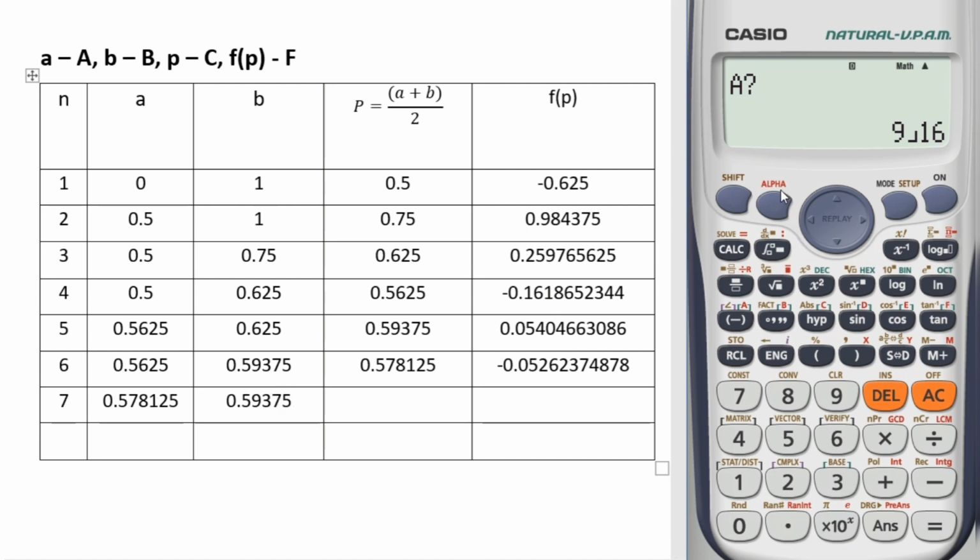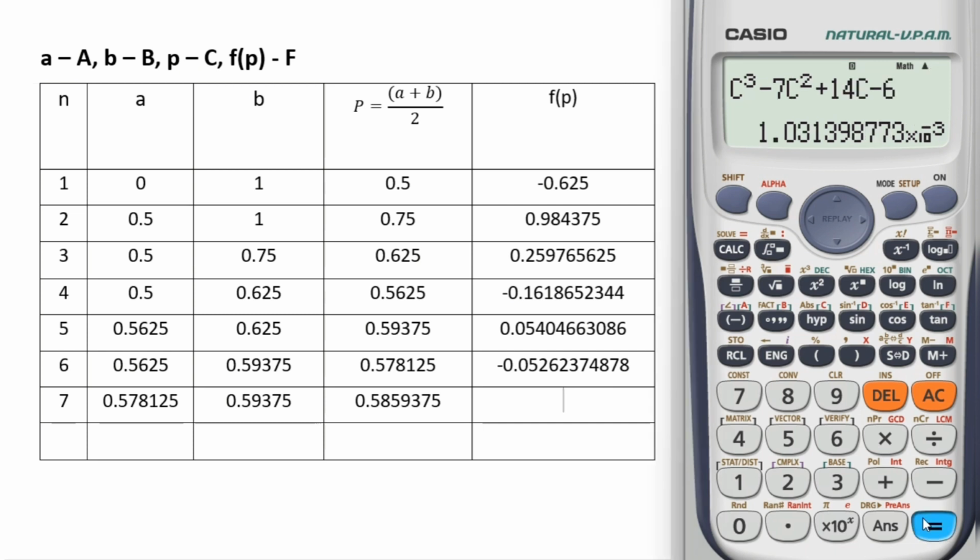We click alpha and C, don't need to change B, and again click equal, and we have C equal to 0.5859375.